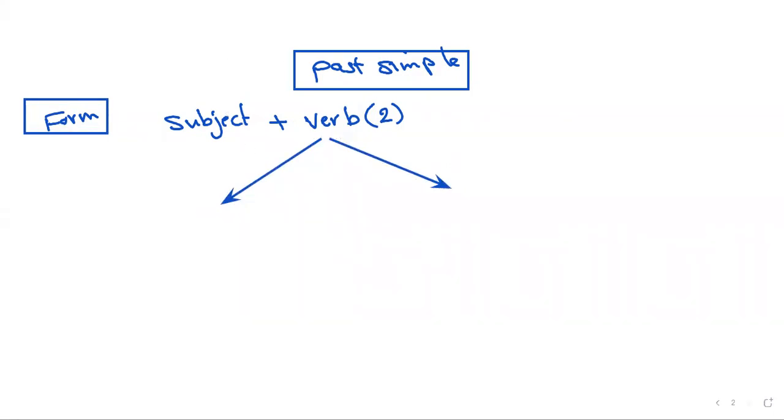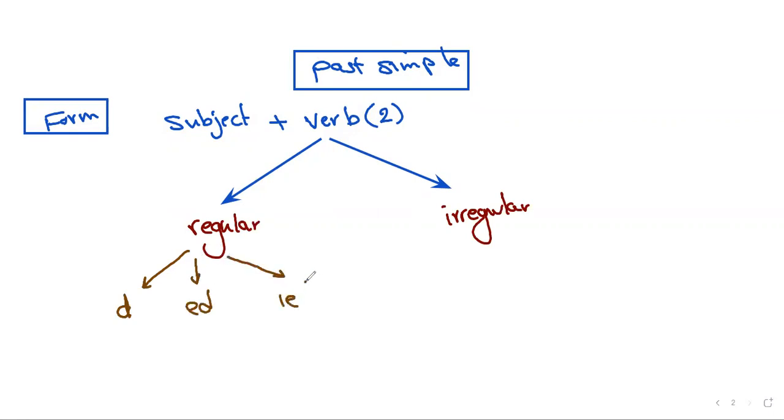For regular verbs, we add d or ed or ied to the verb to change it into the second form.